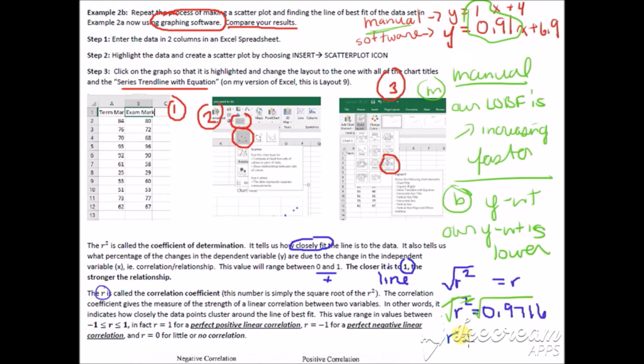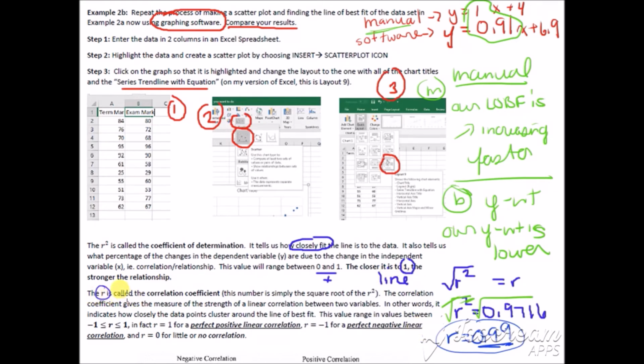So 0.99. This is positive, but 1 and -1 are perfect lines, and this is the closest you can get to 1 when rounded. So we're pretty close to a perfect line. The further you get away from 1, the further you go down to 0, the less of a line it's going to look like.